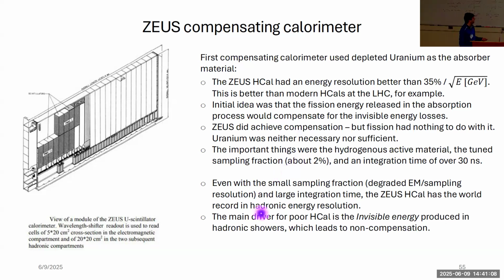So this shows that compensation is in general more important for energy resolution than these other issues such as sampling fraction or integration time. So the main driver of poor HCal resolution in general, we can conclude, is the invisible energy produced in hadronic showers, which leads to non-compensation.